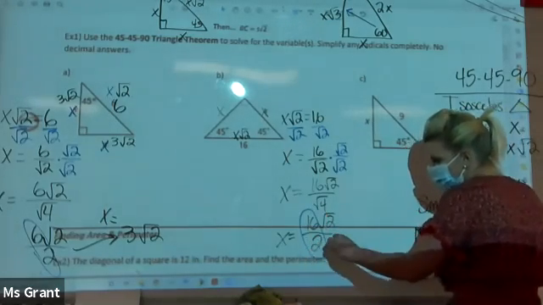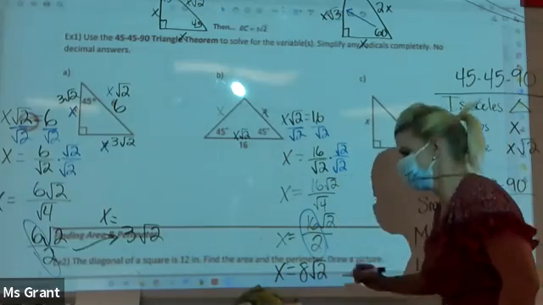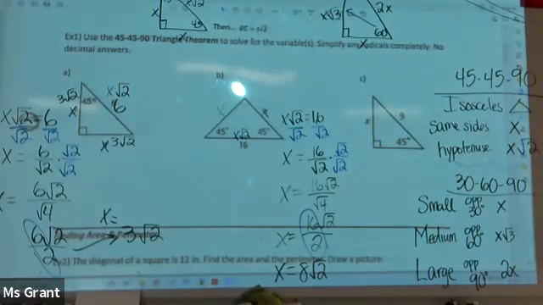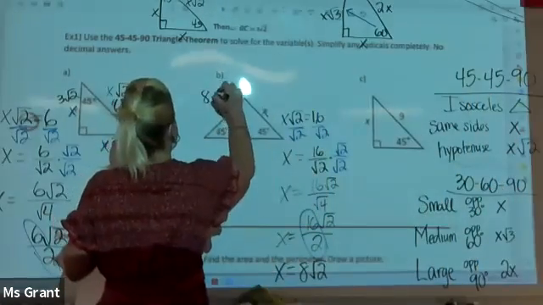Since these are on the exterior, a rad 2. My legs are 8 rad 2.